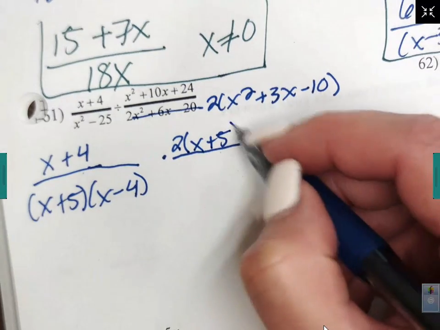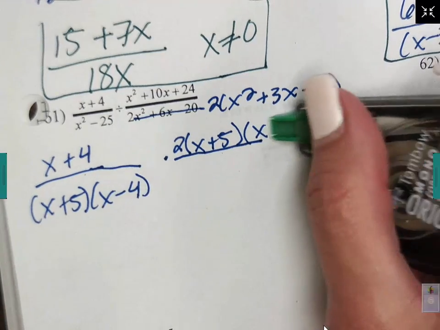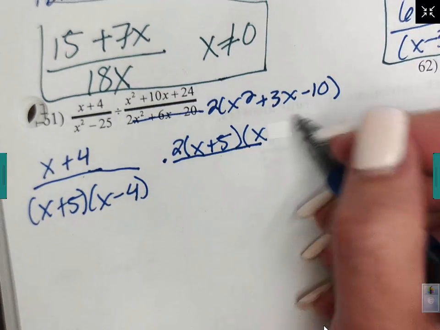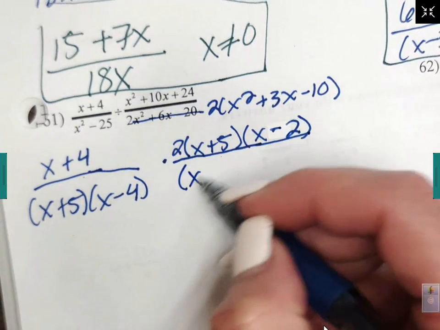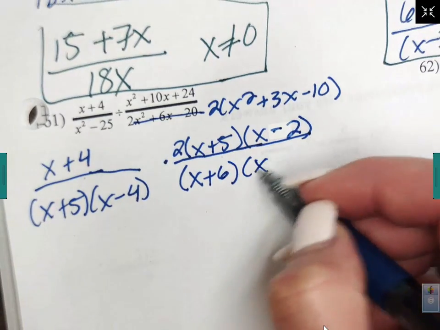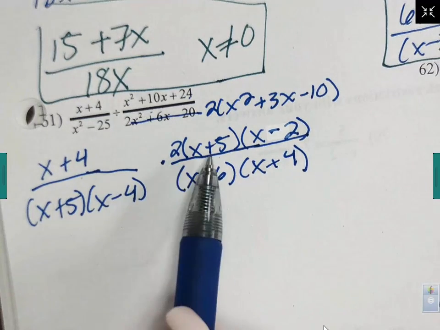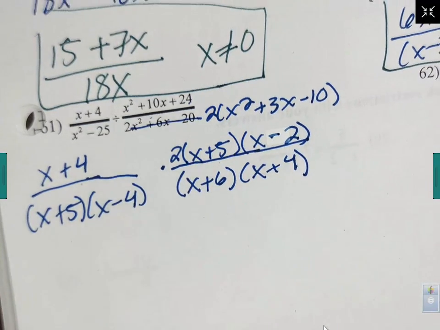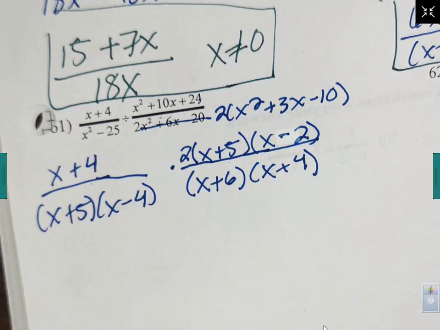Two numbers that multiply to give you negative 10 and add to give you positive 3 are x plus 5 and x minus 2. And then I'm going to factor this to get x plus 6 and x plus 4. And the reason I switched these two is because we're multiplying by the reciprocal. Do y'all remember that? Any questions on what I've done so far? Please let me know. Please don't be afraid to ask a question.